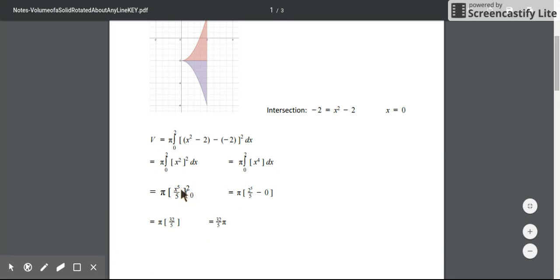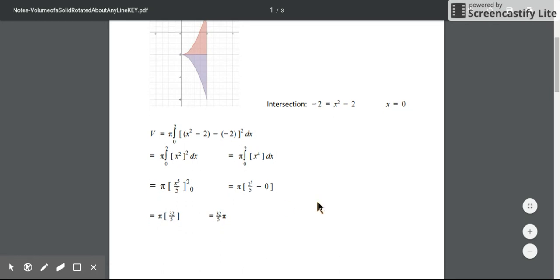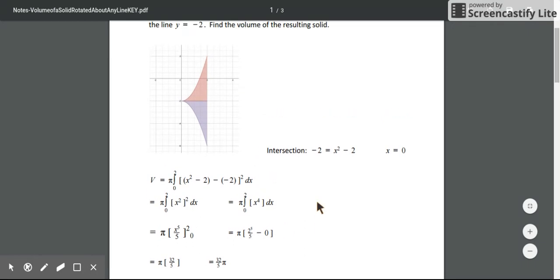If we evaluate it at 0, it's just 0. So we just get 2 to the 5th over 5 minus 0, which is 32 fifths. And multiply by pi for our last step. There's our volume. So not much different as long as you can visualize that the radius is just the difference between those two coordinates.